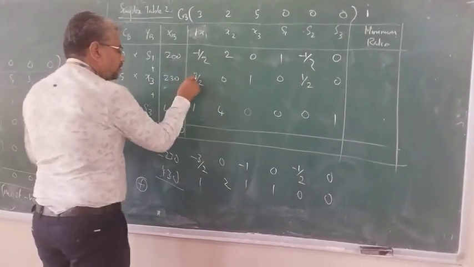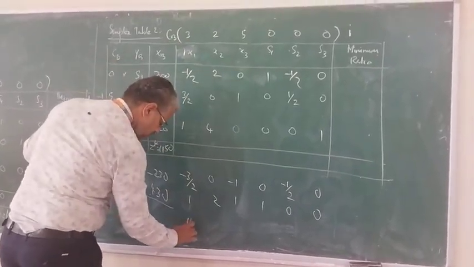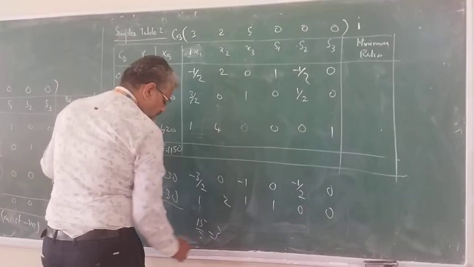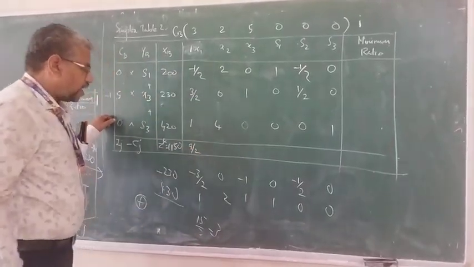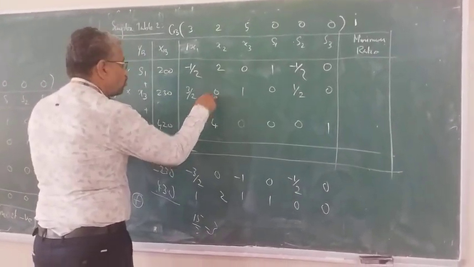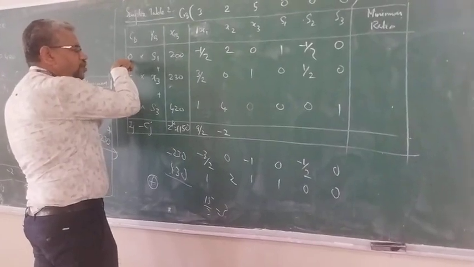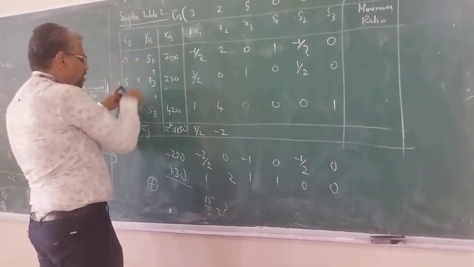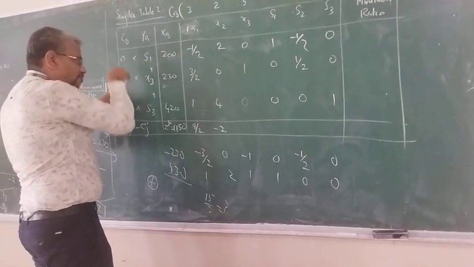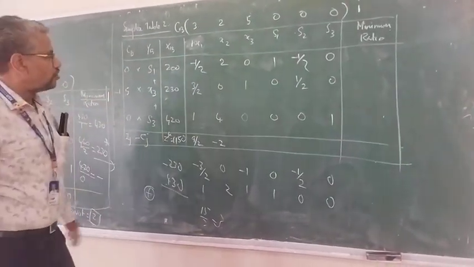Next, 5 into 3 by 2 is 15 by 2, minus 3, which is 9 by 2. So 5 into 0 is 0 minus 2. All the remaining values must be 0 because the cost is 0 for S1 and S3. Therefore all the values multiplied by the cost 0 for the first row and third row are 0.